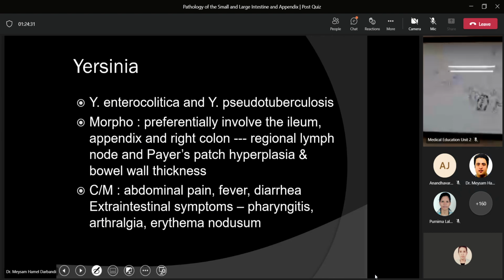And? Very good. And regional lymph node? And also Peyer's patches, hyperplasia and bowel wall thickness. Actually, Peyer's patches function is important in immune cells. Clinical manifestation is abdominal pain, fever, diarrhea, and extraintestinal symptoms like pharyngitis.